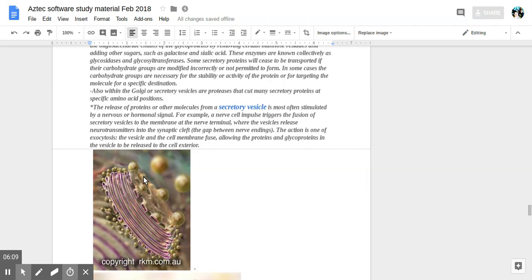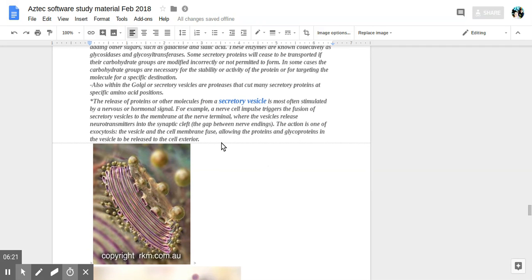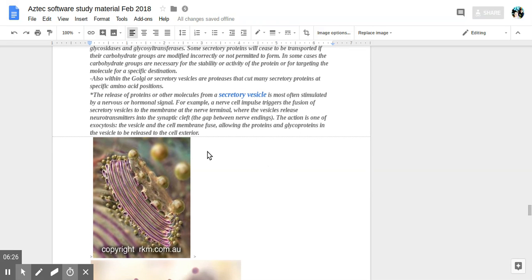These enzymes are known collectively as glycosidases and glycosyltransferases. Some secretory proteins will cease to be transported if their carbohydrate groups are modified incorrectly or not permitted to form.